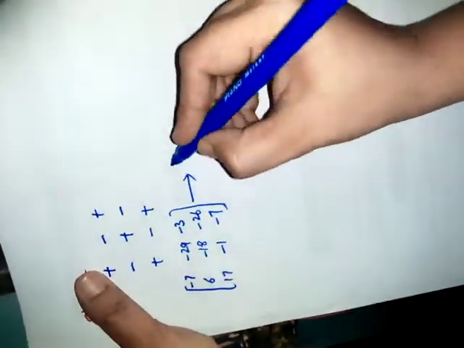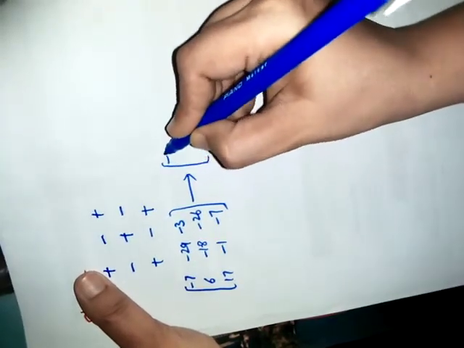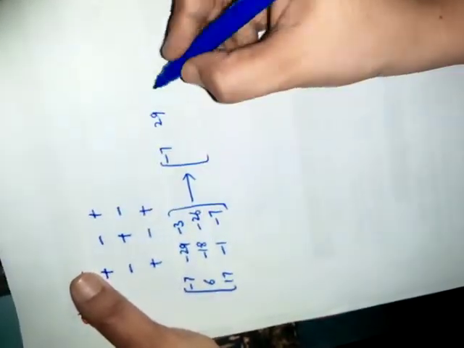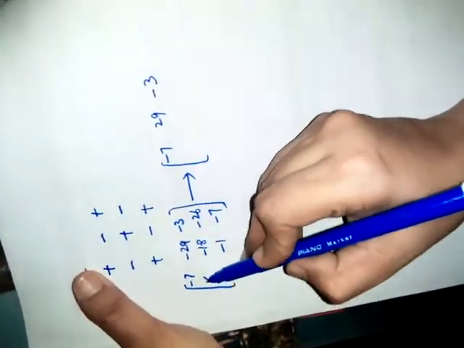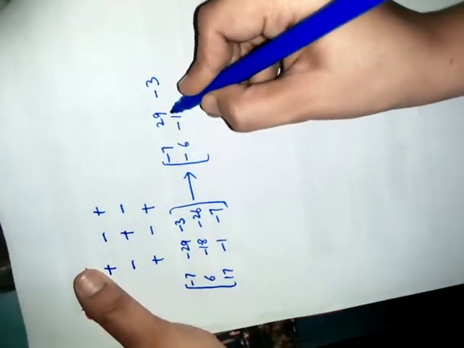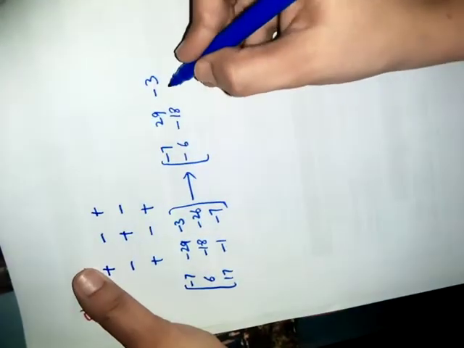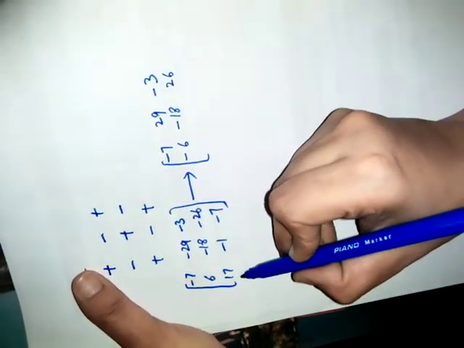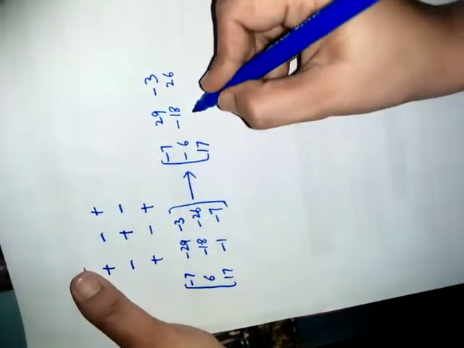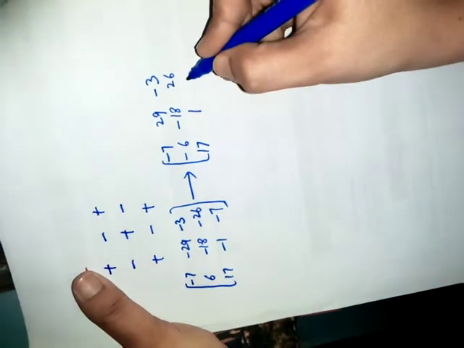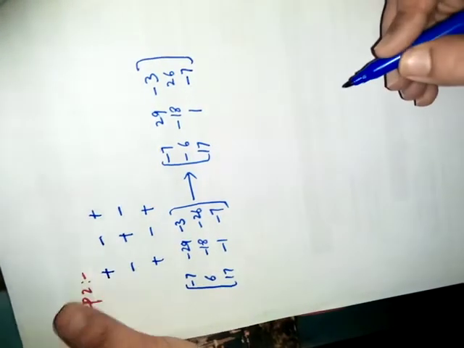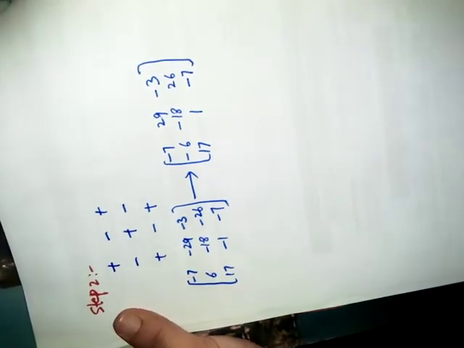Multiply minus 7 by plus, it will be minus 7. Minus 29 by minus, it will be plus 29. Minus 3 by plus, it will be minus 3. 6 by minus it will be minus 6, minus 18 by plus it will be minus 18, minus 26 by minus it will be plus 26, 17 by plus it will be 17, minus 1 by minus it will be 1, minus 7 by plus it will be minus 7. This is step 2.